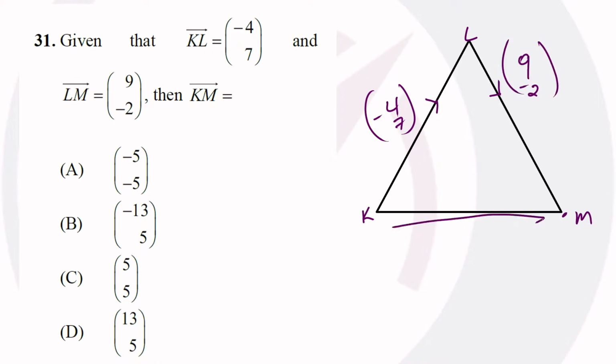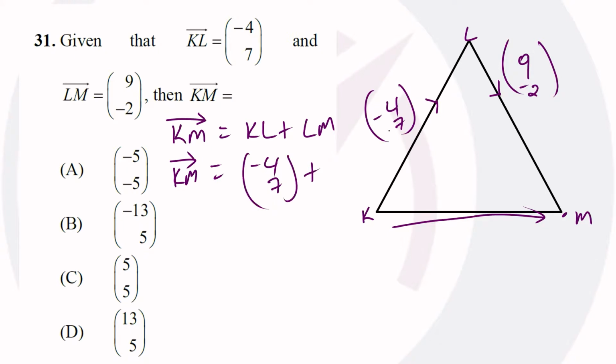What is KM? From our diagram we can see that KM is equal to KL, tail to tail vectors, plus LM. KL is negative 4, 7, plus LM, which is 9, negative 2.